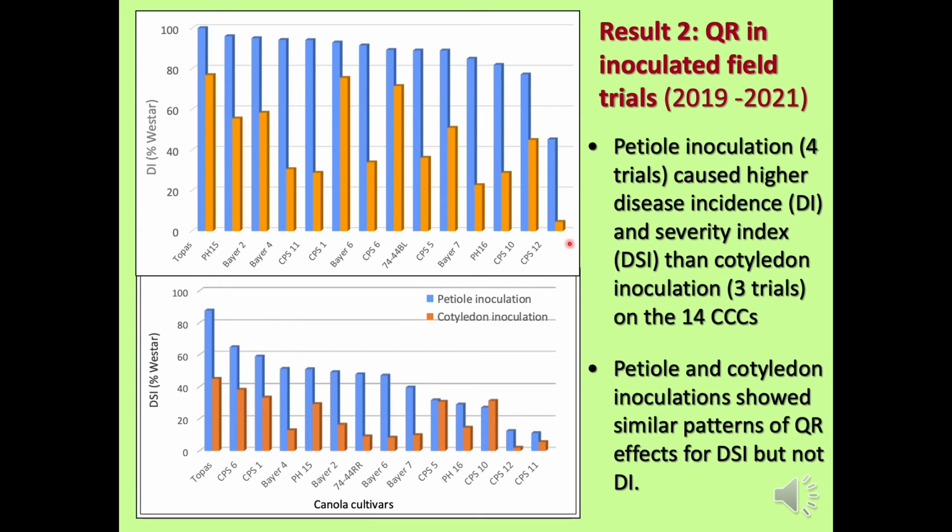That's a bit interesting. For disease severity index, there was a clear pattern of different resistance measured by PDO inoculation and the cotyledon inoculation. And the pattern seemed to be similar between the two inoculation methods.